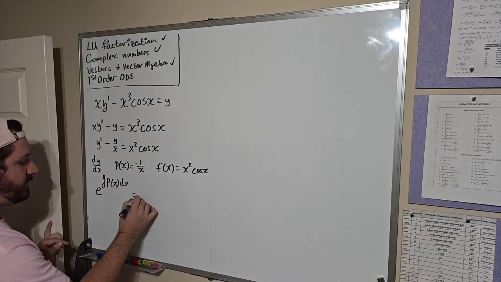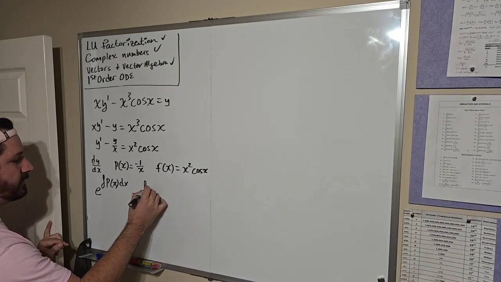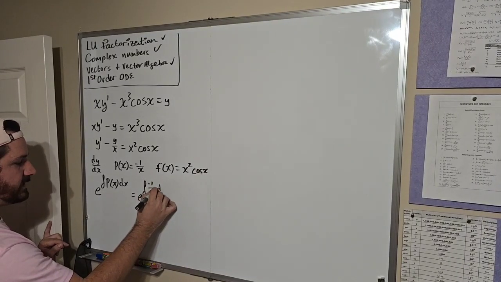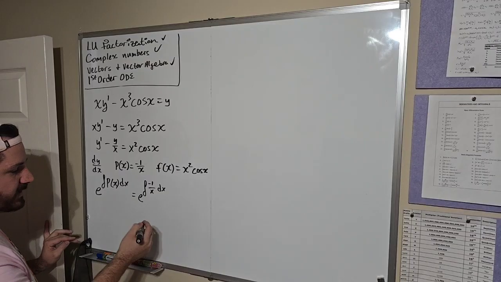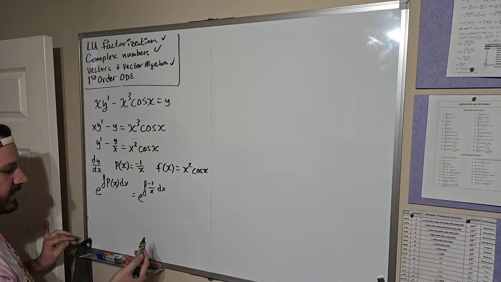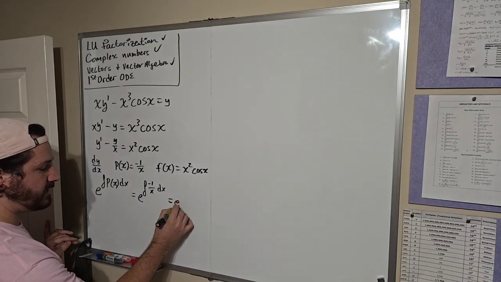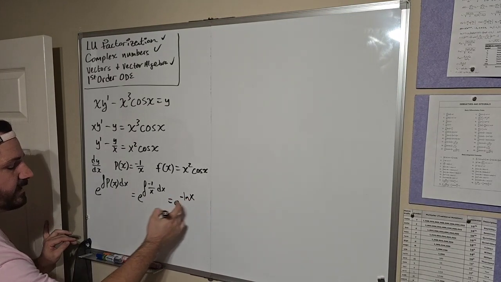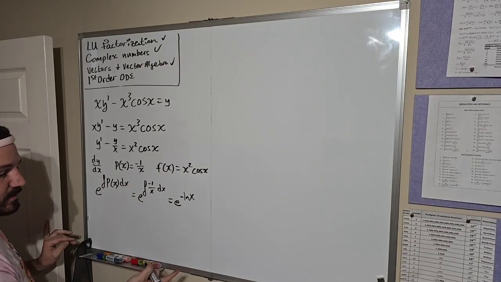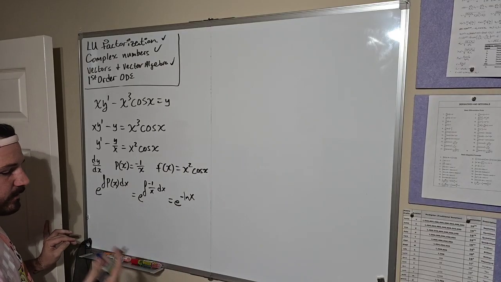So this is going to be equal to e to the integral of negative 1 over x dx. Now the negative 1 just comes out, it's a scalar, and that's normal integral stuff. The integral of 1 over x we already know is natural log. So we have e to the negative natural log of x. When you're doing the integrating factor, you don't need to worry about plus c. I know it's habit to write it there, and it won't hurt anything if you do.